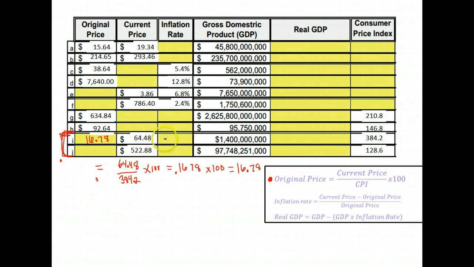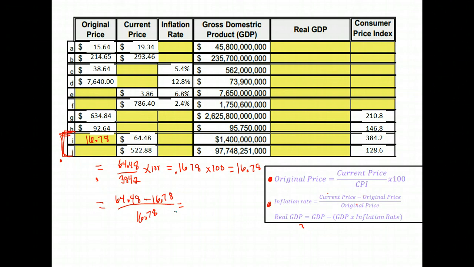Okay, so next I find the inflation rate, which again, to find inflation rate, you do the current price minus the original price divided by the original price. Okay, so our current price is $64.48 minus our original price of $16.78 divided by the original price of $16.78.